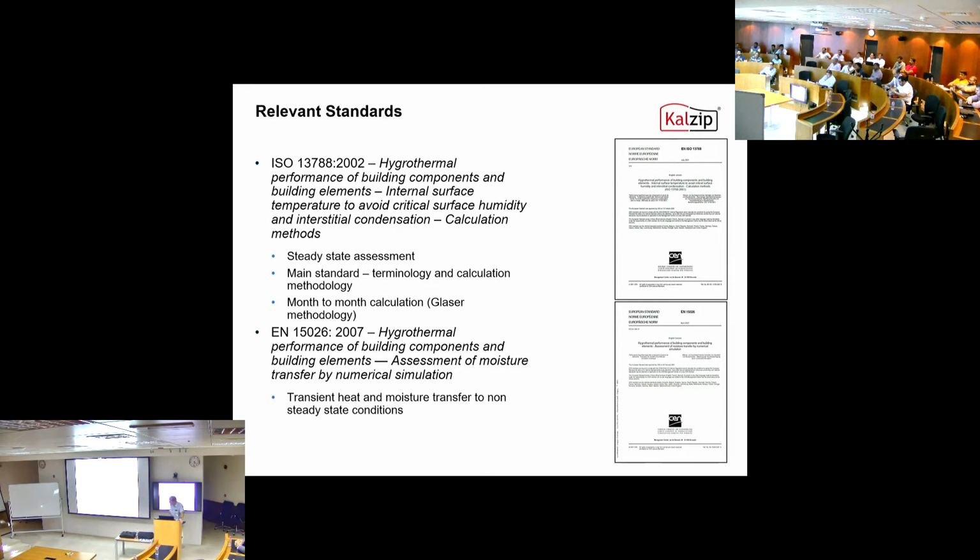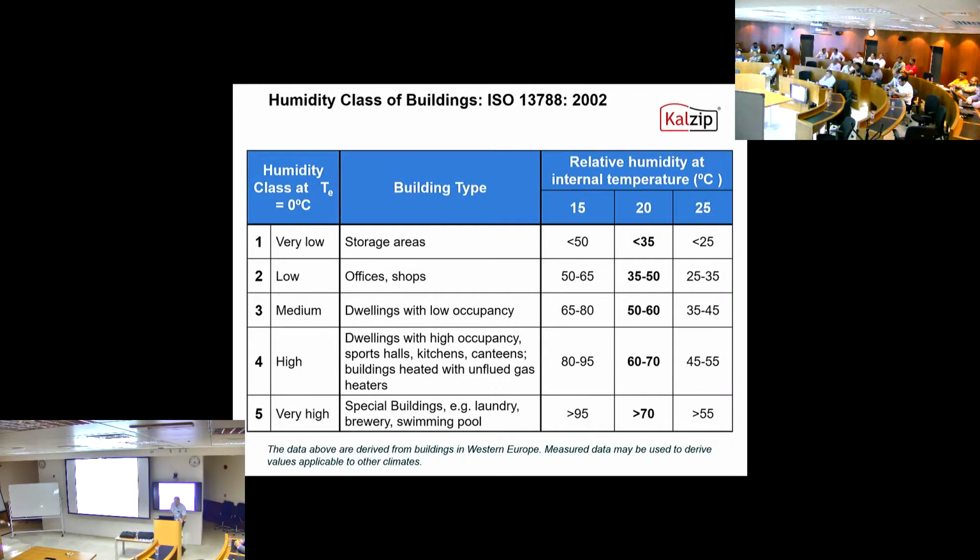We also look at European Standard 15026, which gives you the hygrothermal performance of various different types of building components. And again, these are the types of buildings. We break the buildings up into different humidity classes, so you can determine what the risk of condensation is, and possibly what sort of vapour control layer you need to introduce.